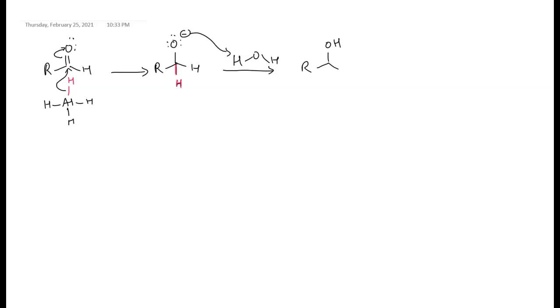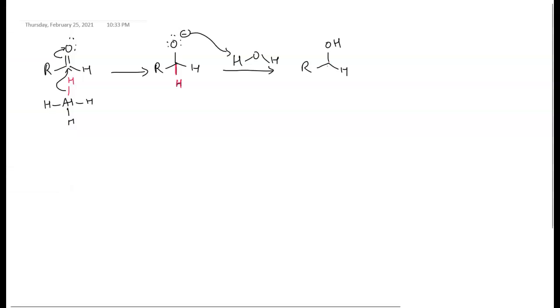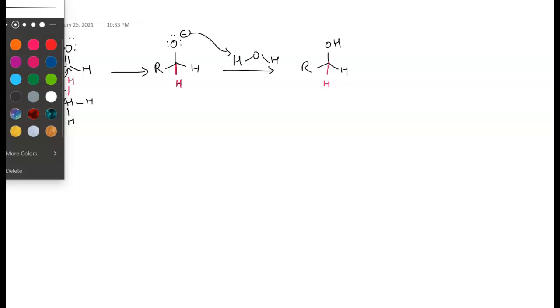Reaction with water. Again I'm showing water in this manner, and then formation of the alcohol. But now what do you see? It's a primary alcohol, right? It's a primary alcohol.